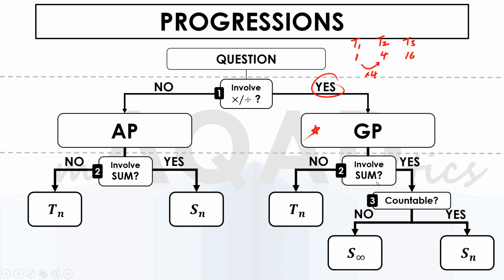And the second question is, does it involve a sum? In our question, there's a keyword here which is total. Most students will think that if I see total, that means it involves a sum, so I need to use Sn or S infinity. But sometimes when we add things, let's examine whether adding the numbers makes sense or not.